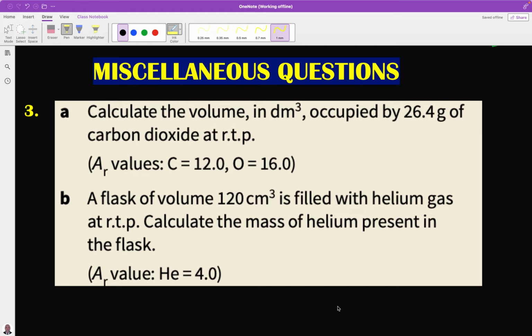Then B part of it, a flask of volume 120 cm cube is filled with helium gas at room temperature and pressure. Calculate the mass of helium present in the flask. The AR value of helium equals 4, that is 4 grams per mole.